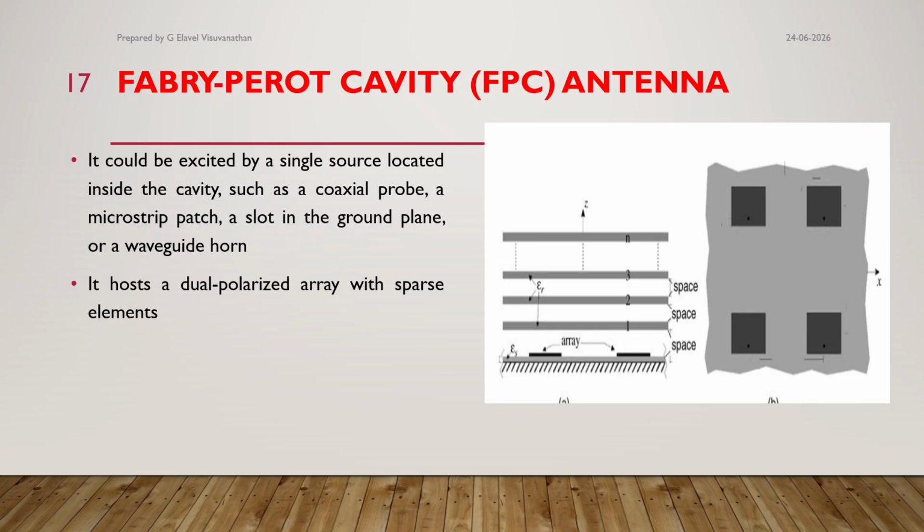Here we have phase 1, phase 2, phase 3, up to n elements. Here we are going to have the array, that is a dual polarized array. Finally, when we look at this, it looks like the second image.